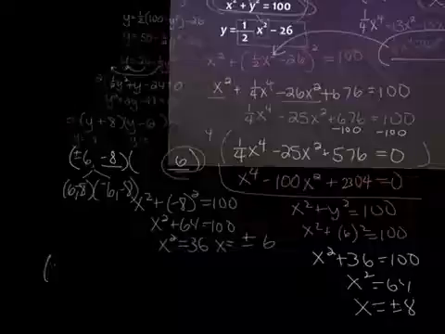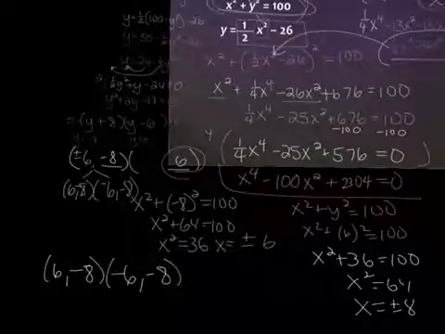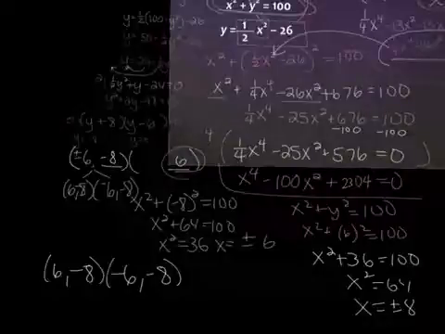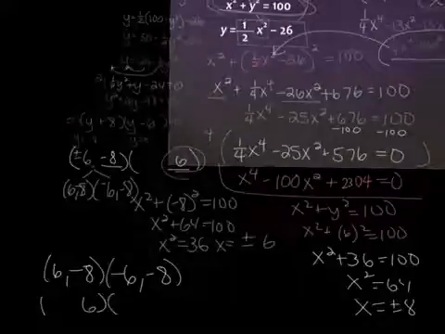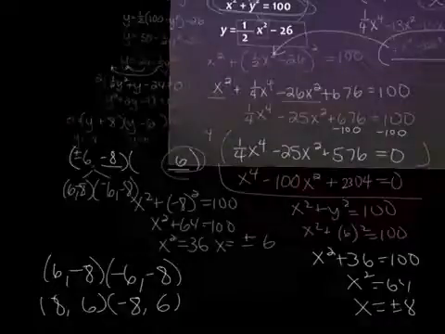So I've got positive 6, negative 8, negative 6, negative 8. That came from my first set. And now when the y is 6, the x is either positive 8 or negative 8.